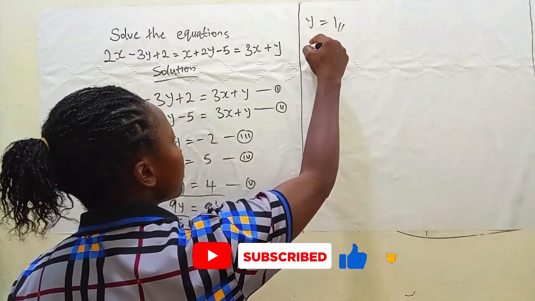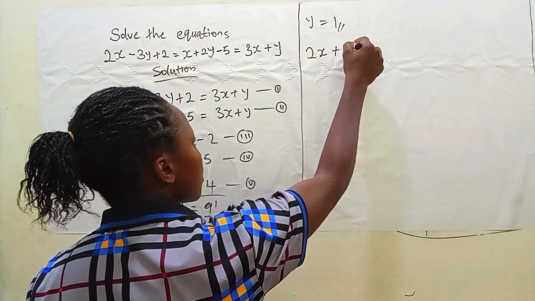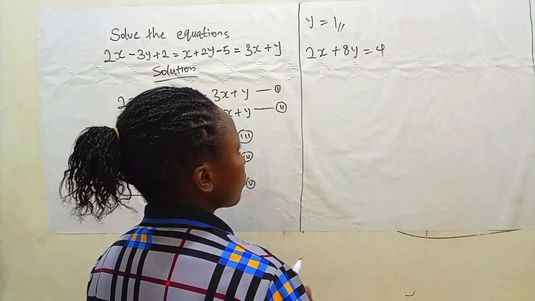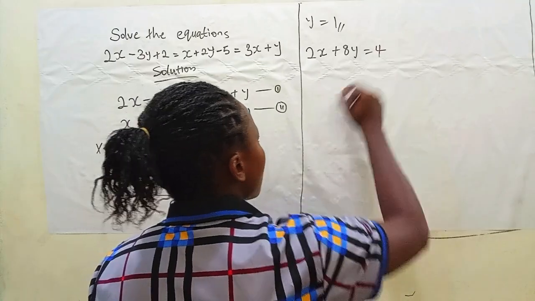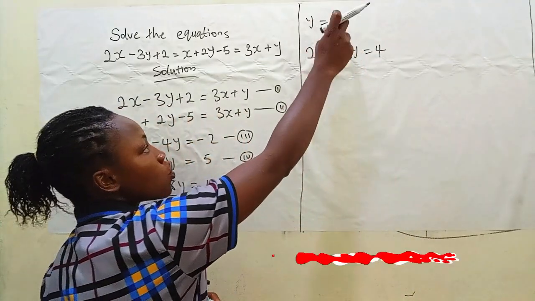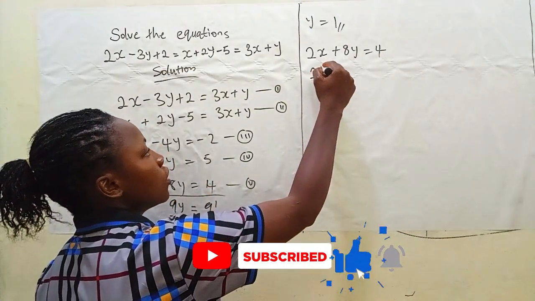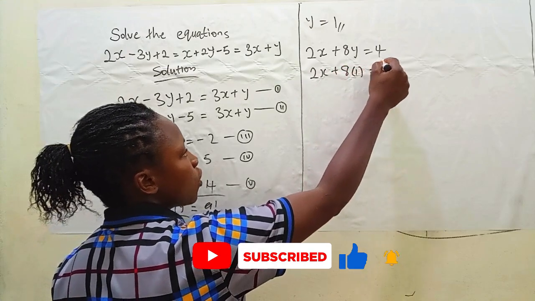And equation 5 is 2x plus 8y equals to 4. So substituting for y equals to 1, we are going to have 2x plus 8 times 1 equals to 4.